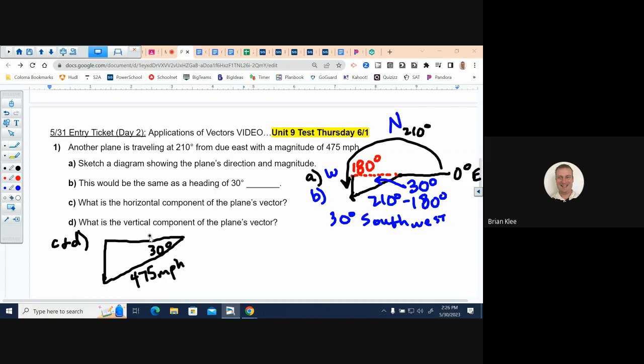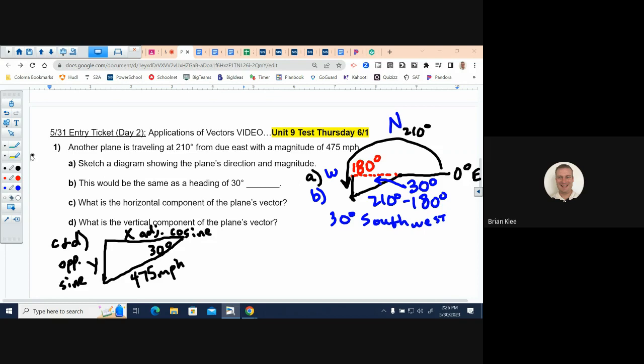is essentially a hypotenuse. So the vertical component is opposite. That's dealing with the sine ratio. And the horizontal component is adjacent. That is dealing with the cosine ratio.